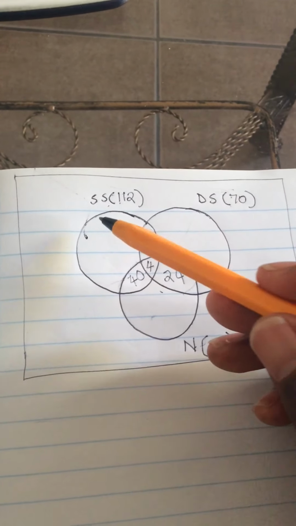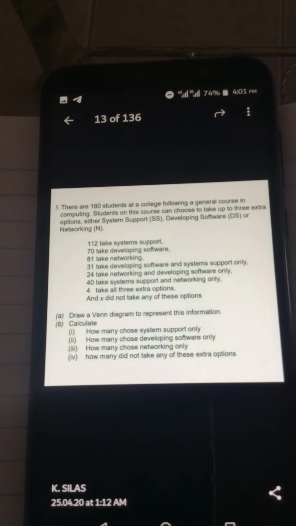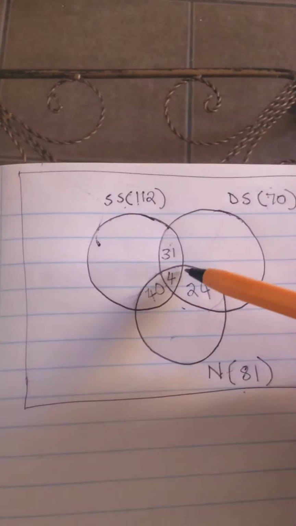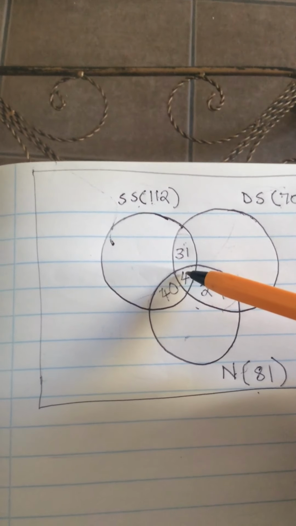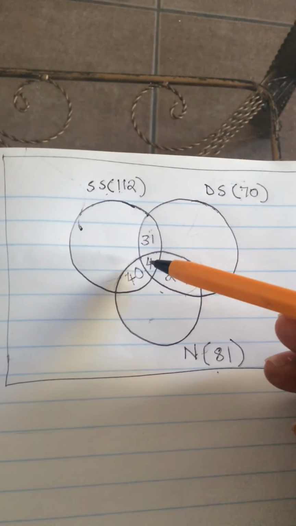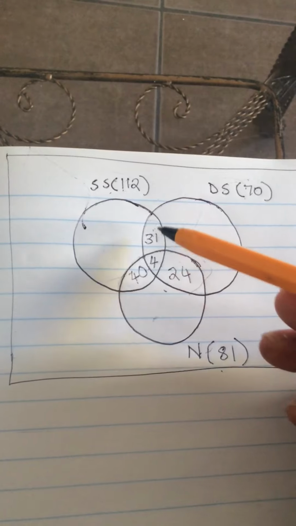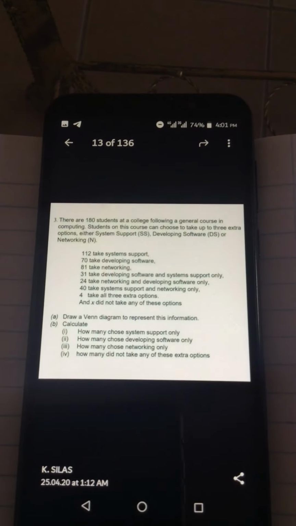That's SS and N only. Alright. And 4 take all of the 3. That one was filled already. That's what we started with. So you must always try to start from the middle, then you go further from the middle, from the intersection of everything.